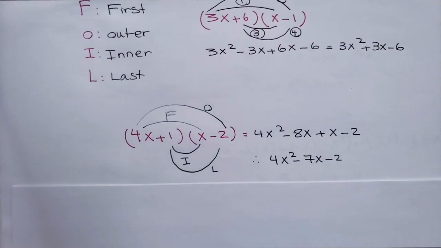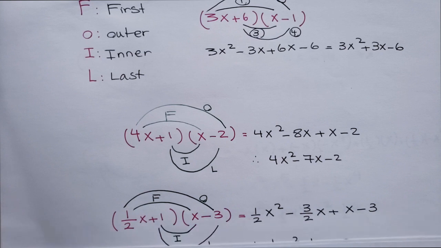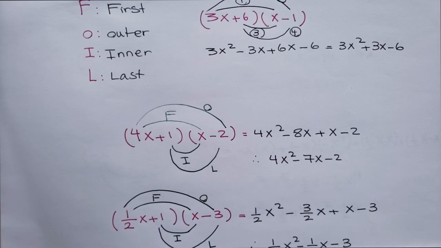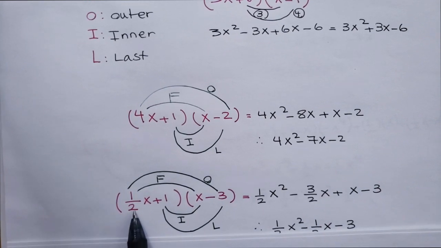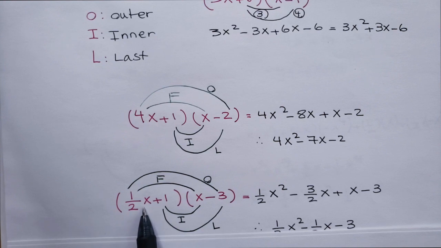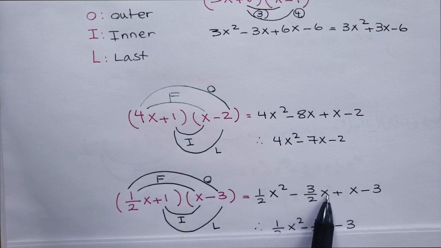Let's continue with another example. Here again, we have two brackets, each of them binomial. We use the FOIL method. So first term, 1 over 2x multiplied by x, 1 over 2x squared. Then again 1 over 2x times -3, which is O, so -3 over 2 times x.